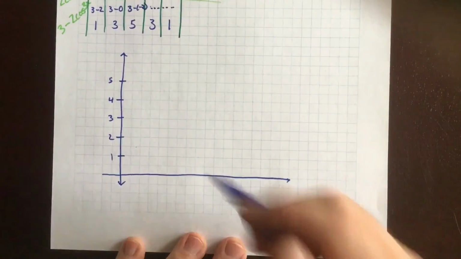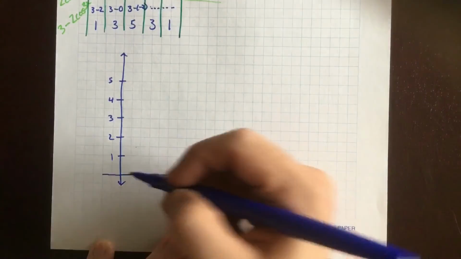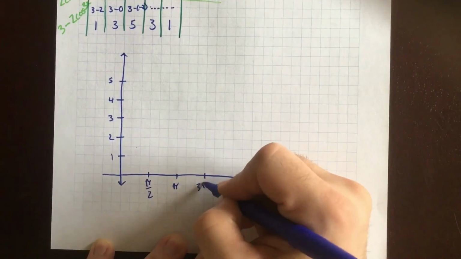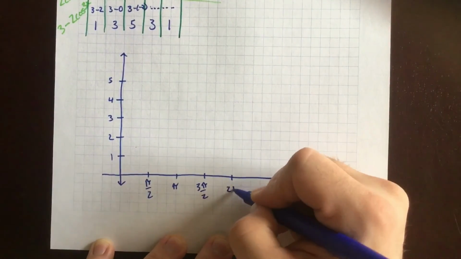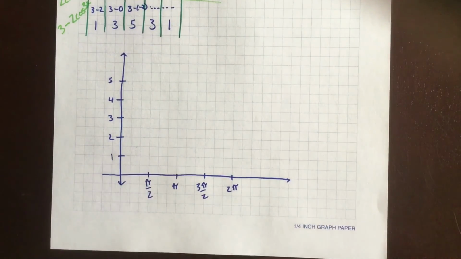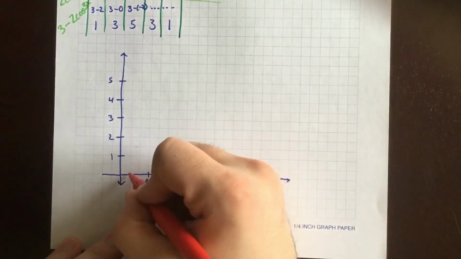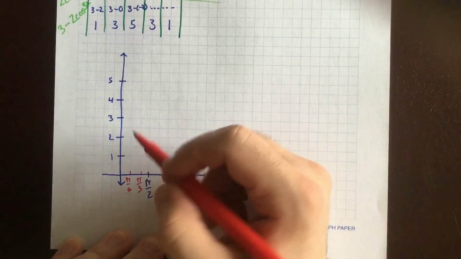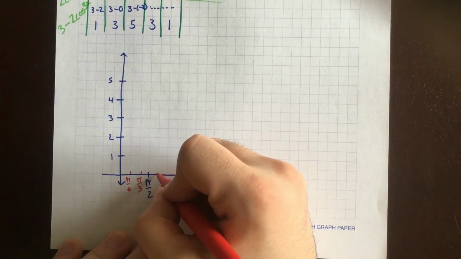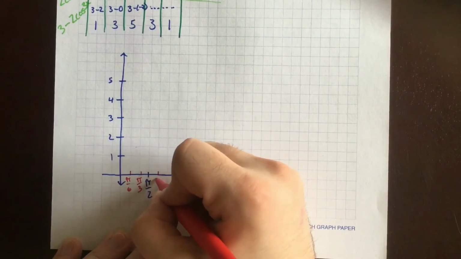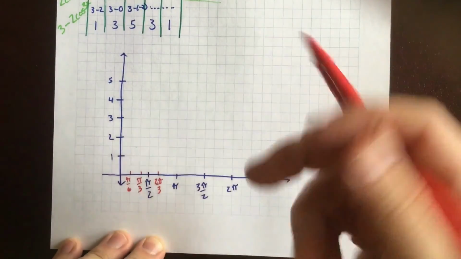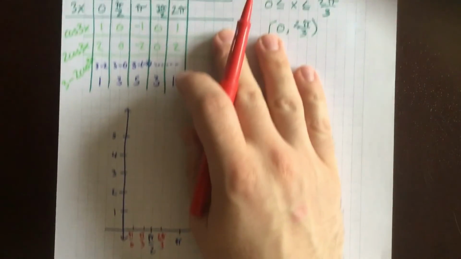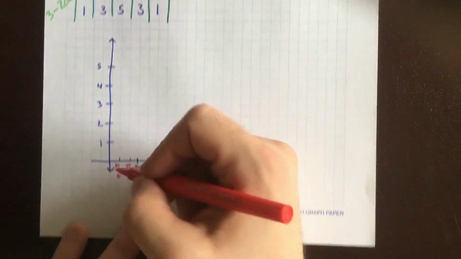So when we go to graph this, starting at 0, writing down our values, you're at pi over 6, pi over 3, we need pi over 2, and then 2 pi over 3 would be right here. At 0, we're at 1.